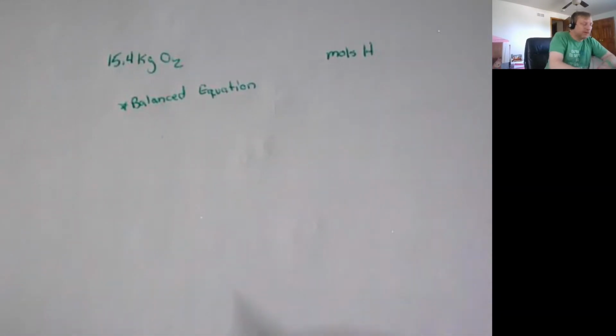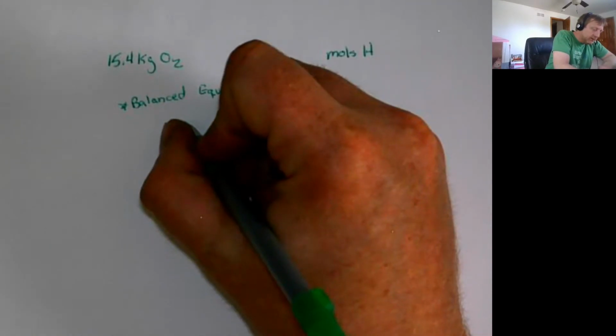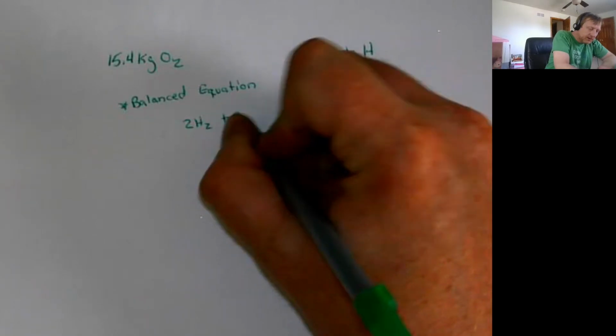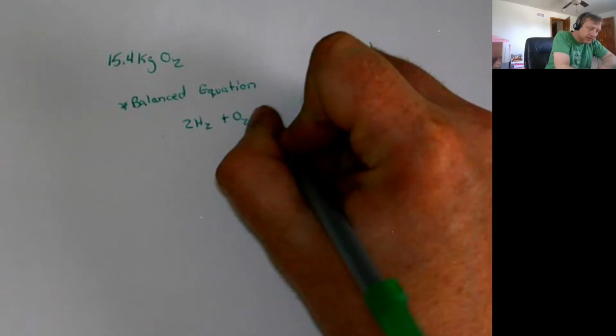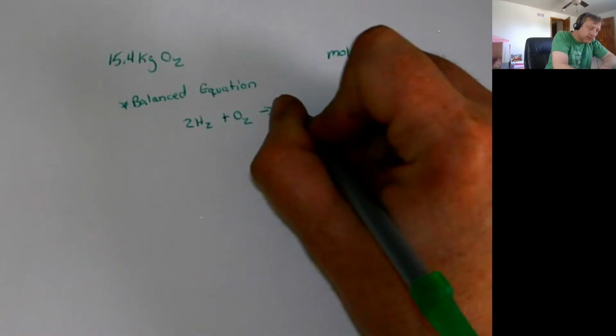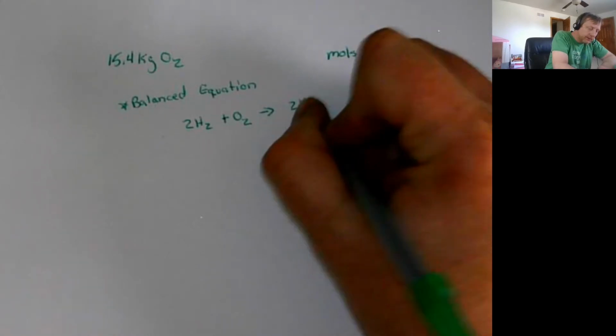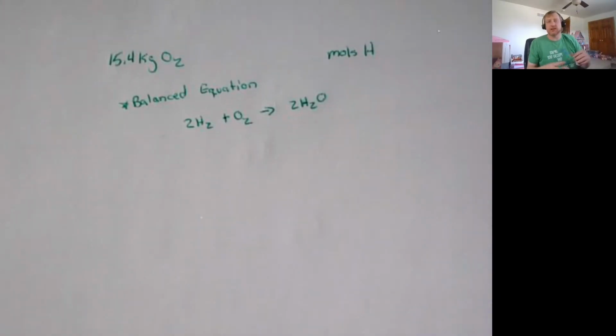So we have the fact that two hydrogens combine with one oxygen to form two water molecules. And so there's our basic balanced chemical equation. We're going to use that to convert these kilograms of oxygen into moles of hydrogen, or find out how many moles of hydrogen would be required to combust with this oxygen.